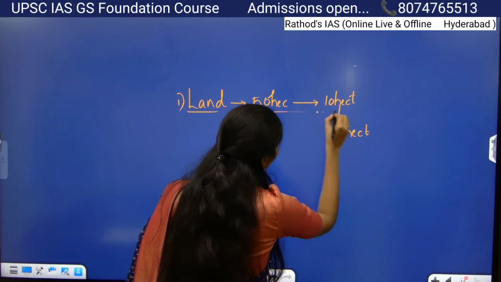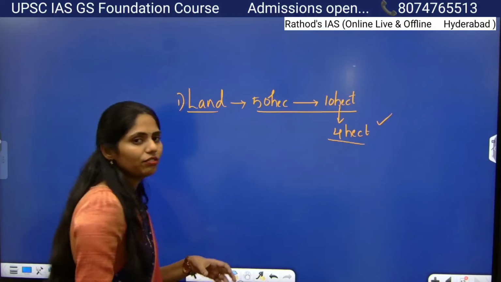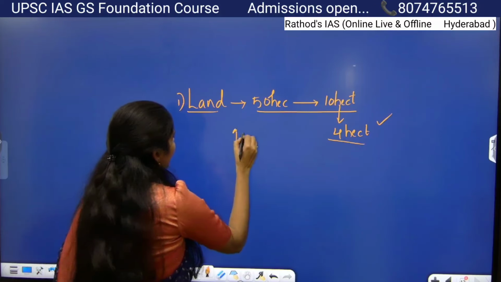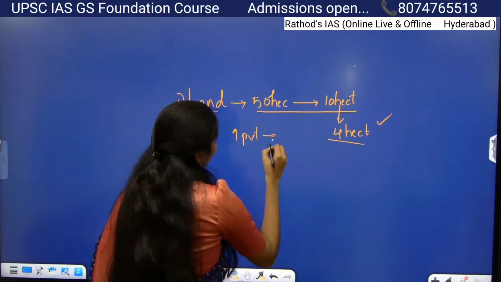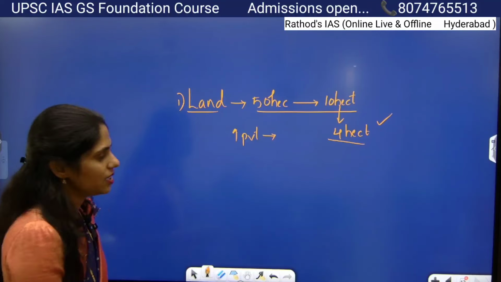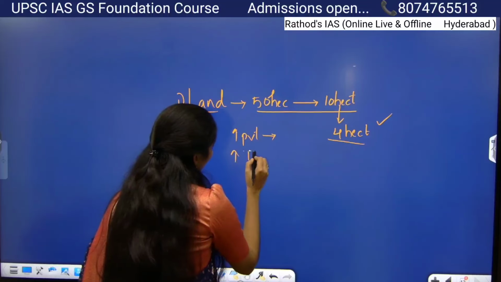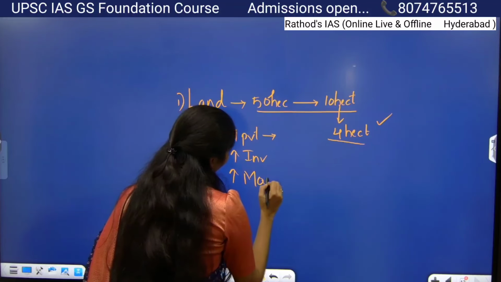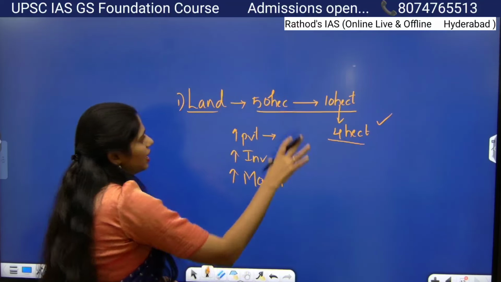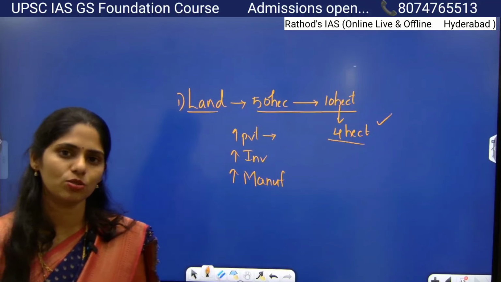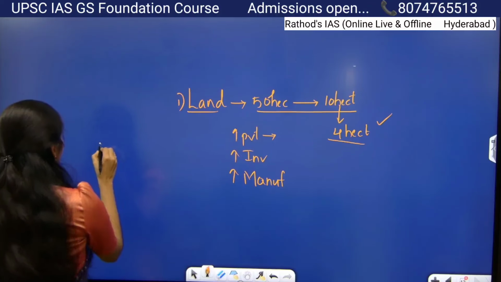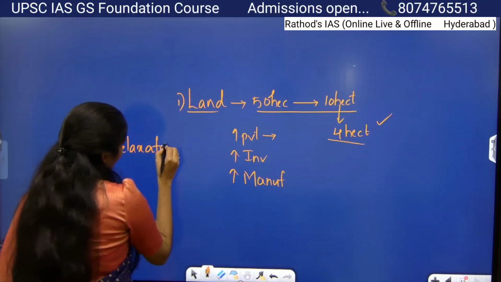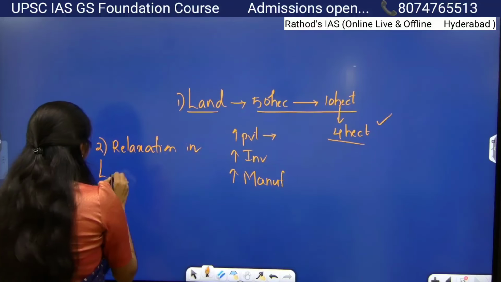Whenever there is a decrease in land requirement for setting up a special economic zone, what happens? We can attract private people to establish zones, we can increase investments in our country, and we can increase manufacturing. That is the first reform. The next one is relaxation in land encumbrance.